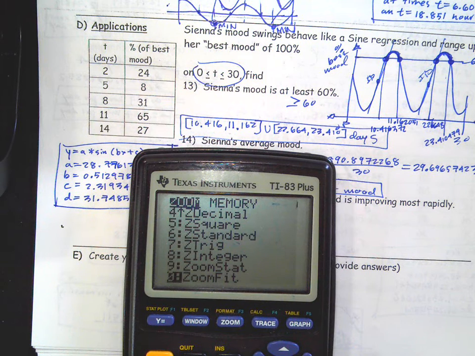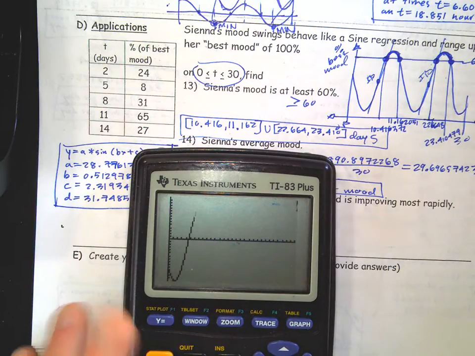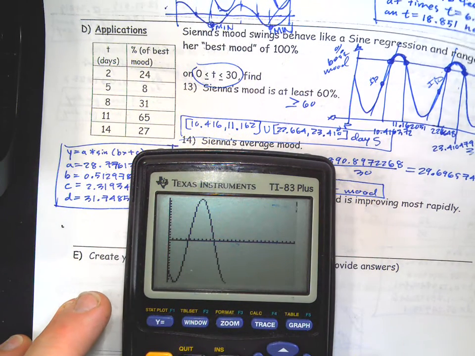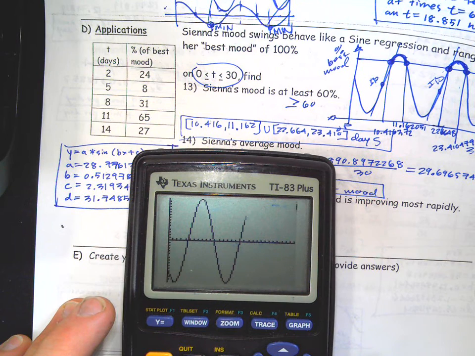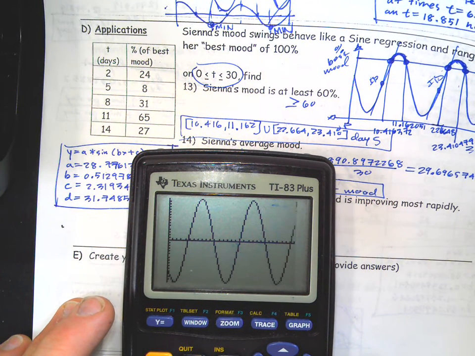You need y1 still there so that the derivative graph can use it to make its calculations. If you get rid of it, then you can't do it. So there it is.